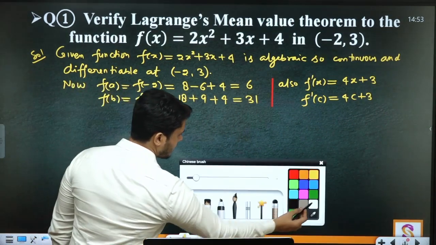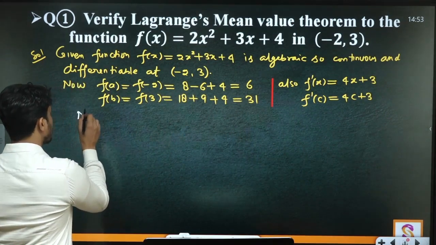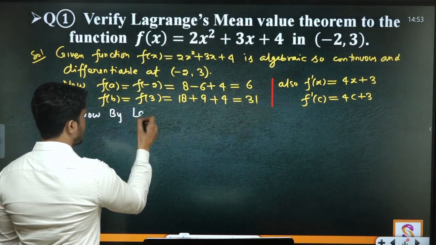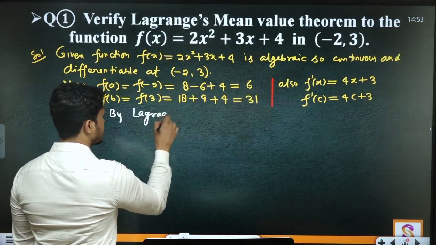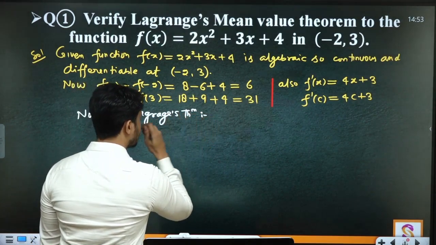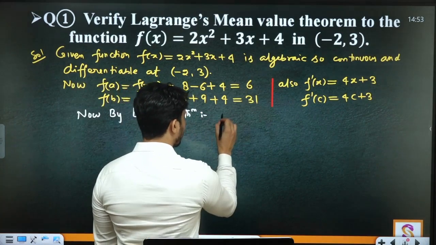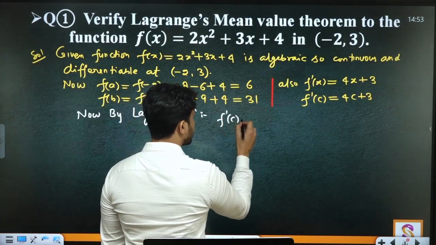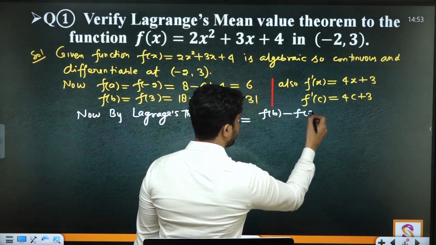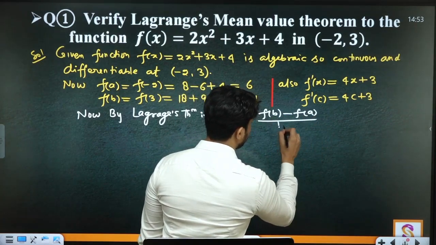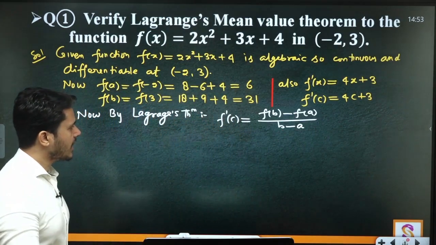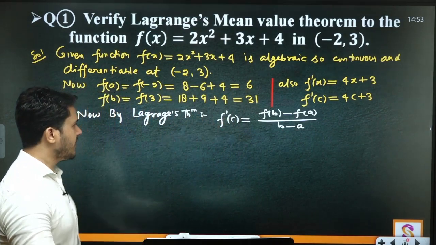Now by Lagrange theorem, क्या होगा? f dash c is equal to fb minus fa upon b minus a. Now put the value here.